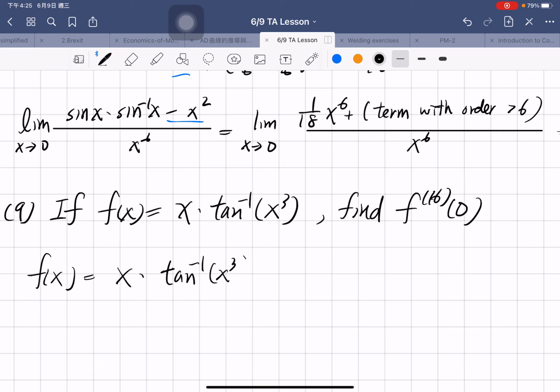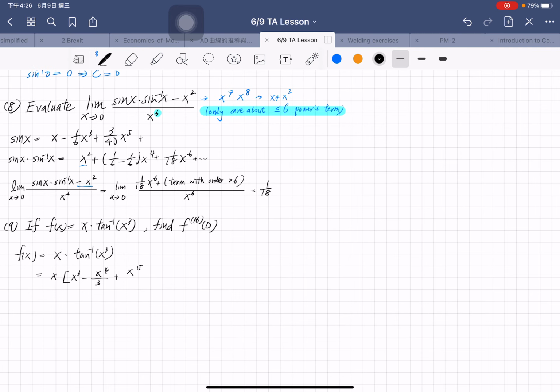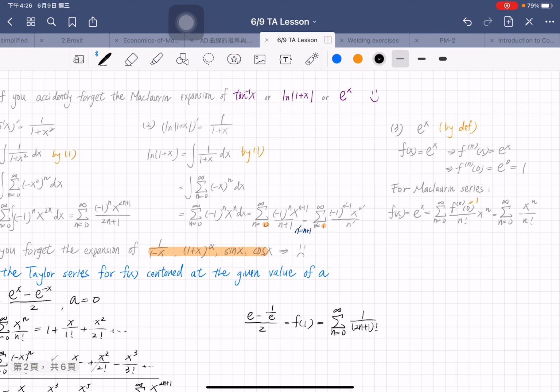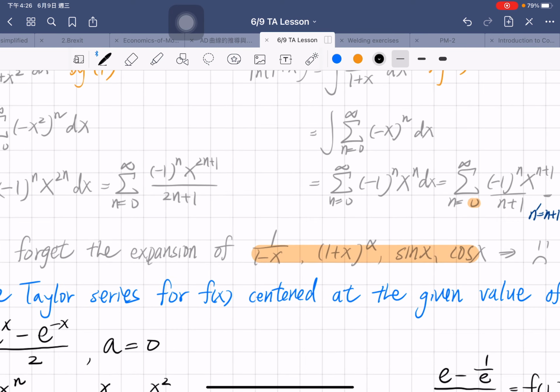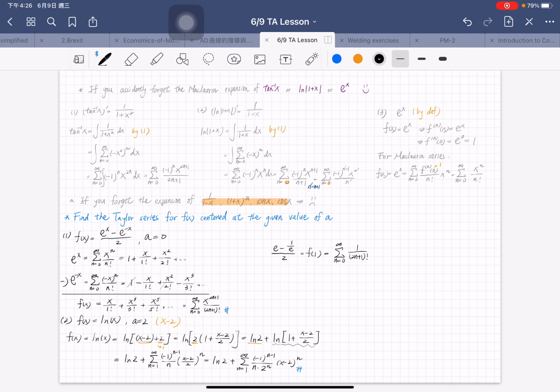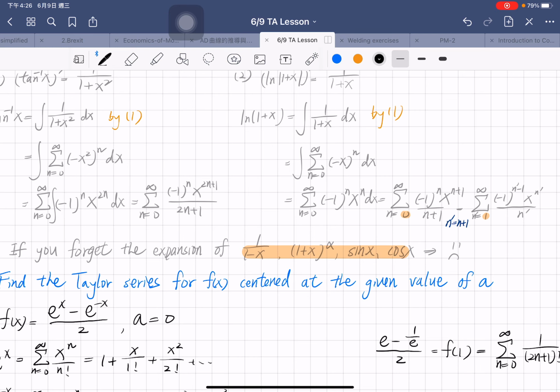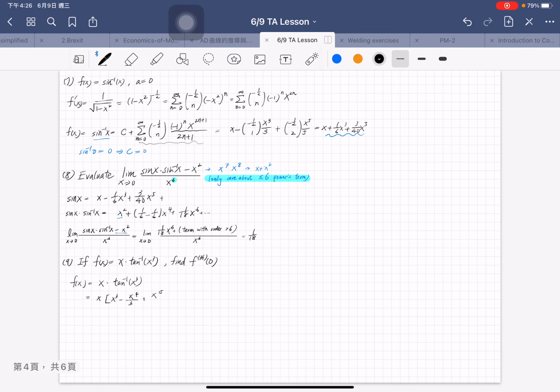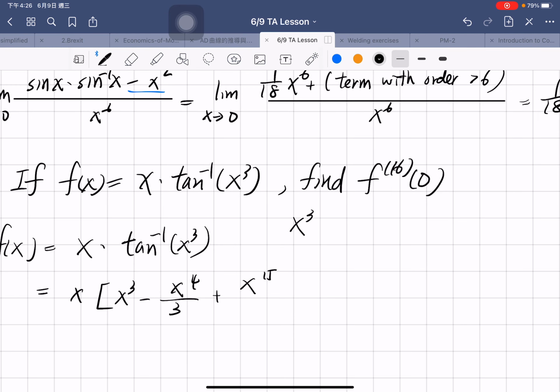So do it directly. You'll get x cubed minus x with 4 power and x with 15 power. Because let me look, your arctangent will be a 2n plus 1 term. Okay, so your 2n plus 1. So now your x with x cubed. So it'll be x cubed and 2n plus 1.